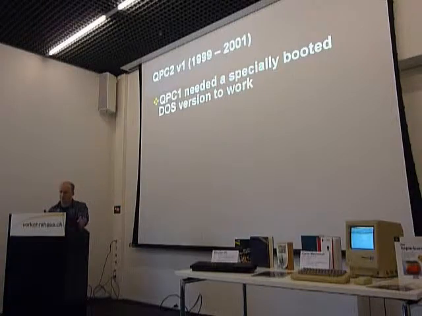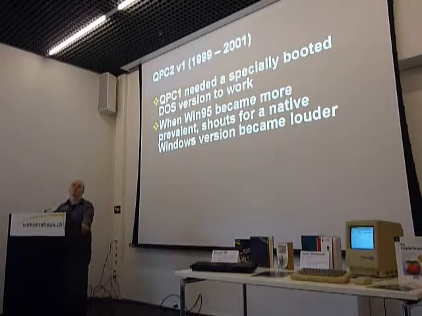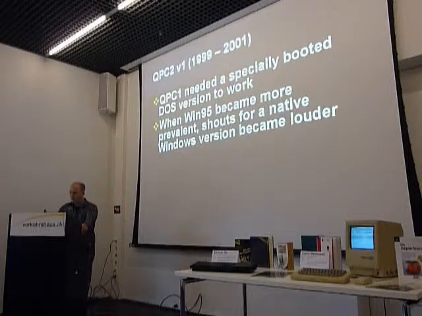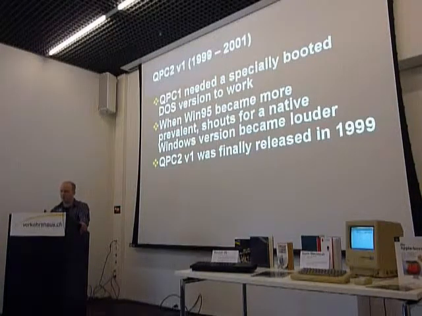But when Windows 95, of course, became more prevalent, shouts for a native version became much louder, and in the end I gave in, bought two books, one about Windows programming, one about DirectX programming, and went on my way, and finally in '99 QPC 2 version 1 was released.